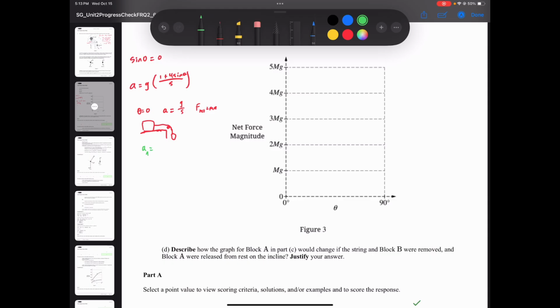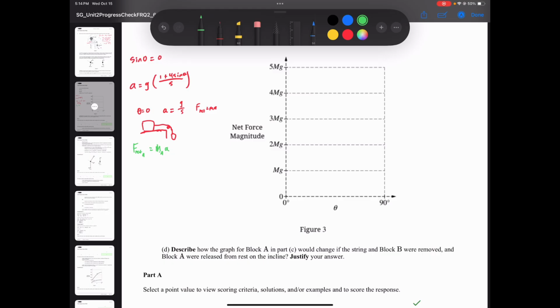I know the acceleration of A is just g over 5, and the same is true for the acceleration of B. But this graph is asking about the net force. The net force acting on A is equal to the mass of A times its acceleration, which is g over 5 when theta equals 0.